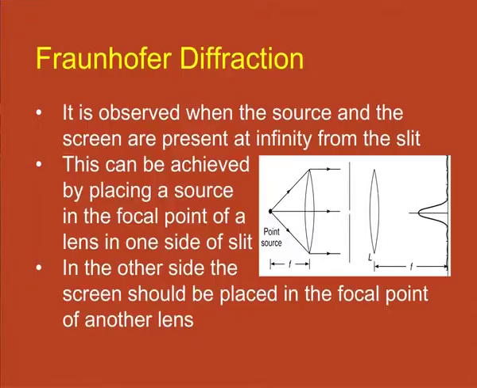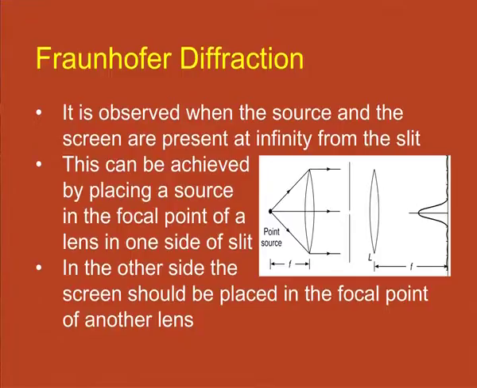infinity from the slit. So, as you can see in the figure, a point source is present in the focal length of a lens L, and after the rays pass through the lens L, they fall on a slit, and from the slit when they come out, they again fall on another lens, and this slit is present in the focal length of the second lens, and after it crosses the second lens, it falls on a screen which is in the focal length of the second lens.